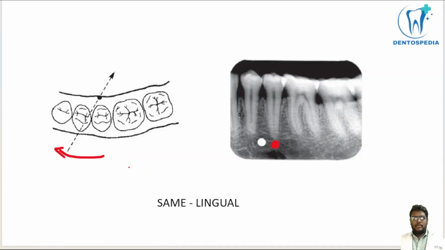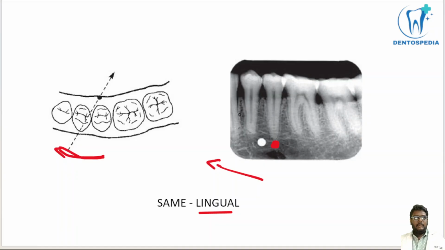When the tube is shifted towards the left side, the pathology is also moving towards the left side. When the pathology moves on the same side as the tube, we can say the pathology is present lingual to the tooth.